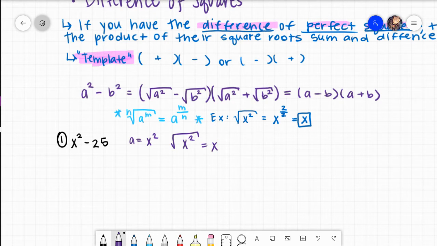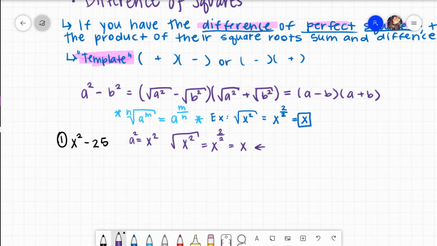M over n. And what I get is exponent over root, which is just x, correct? Okay. Oh, sorry, I did not mean to write just a. It's supposed to be my a squared. I apologize. Okay, so that's going to be what I use here and here, right?